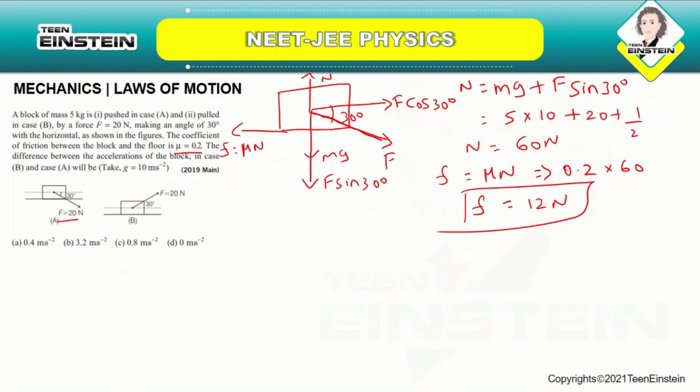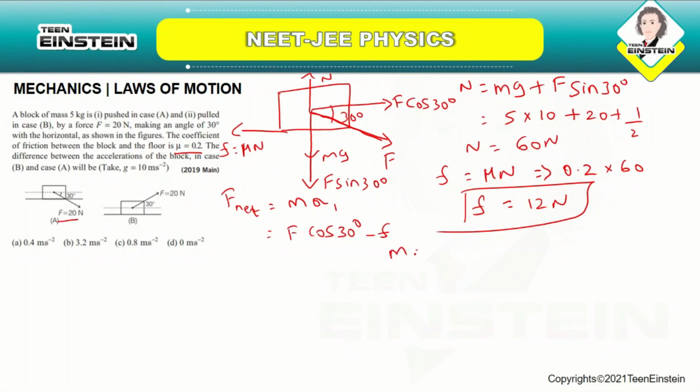Now, you have to find out the net force. So, F net is equal to m a1. We have to find out what the acceleration is. So, m a1 is equivalent to F cos 30 degree minus f.